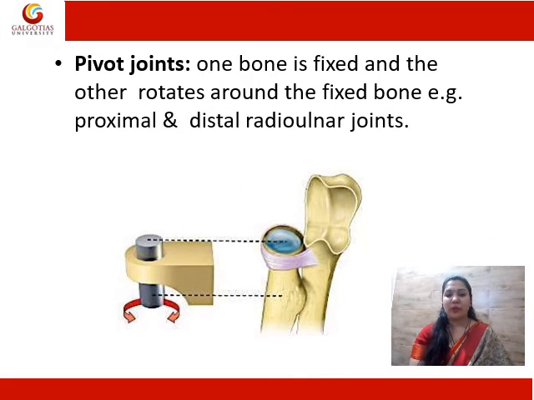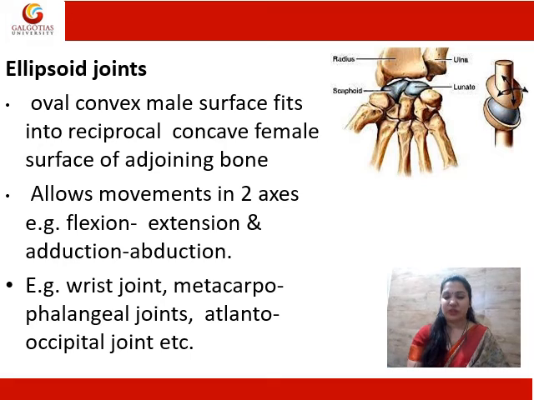Next is the pivot joint. One bone is fixed and the other rotates around the fixed bone. The example is the proximal and distal radio-ulnar joint, where the radius rotates over the ulna and forms supination and pronation. Next is the ellipsoid joint.